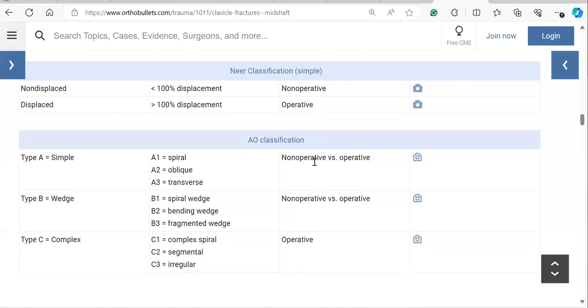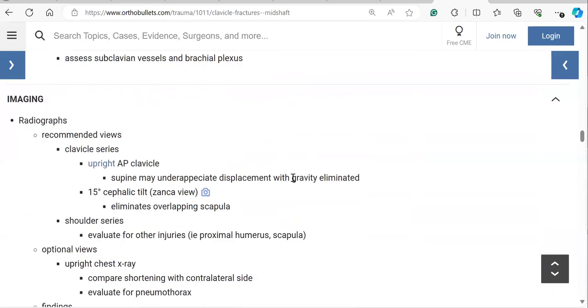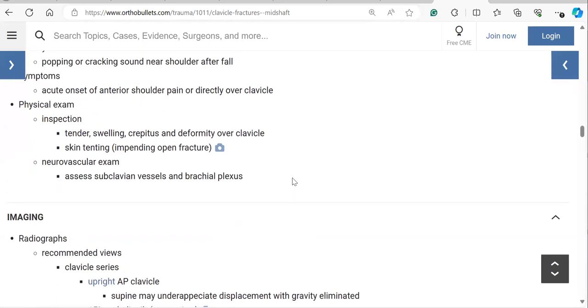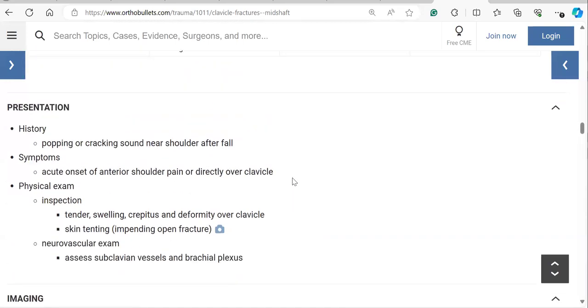I'll show you in another picture what a step deformity is. But let's have a look at how we manage mid-shaft clavicle fracture. Always remember that most of these patients who have a mid-shaft fracture will need just a sling. Sling is the main treatment for clavicle fracture, especially middle third.